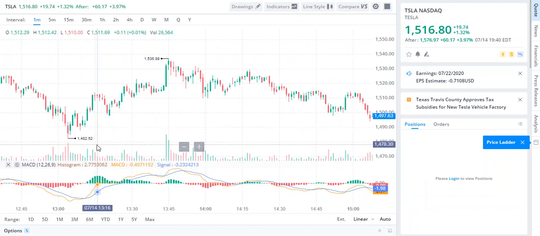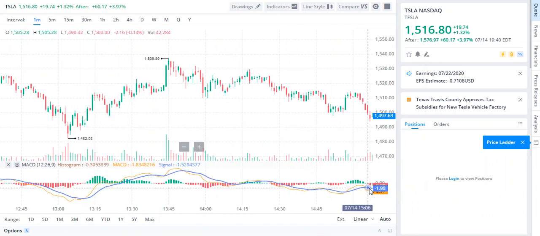And basically what it is, you have your baseline, which is the 0 line, which you can't really see right now, but it's that red, it says 0. It goes right across the chart, and that's right in the middle of the chart, that 0 line.